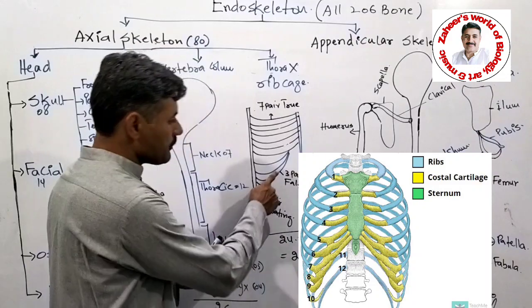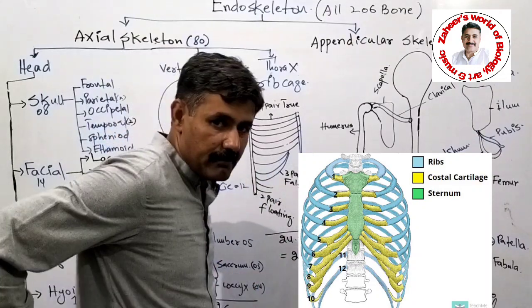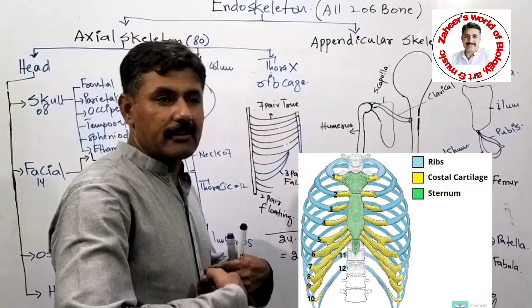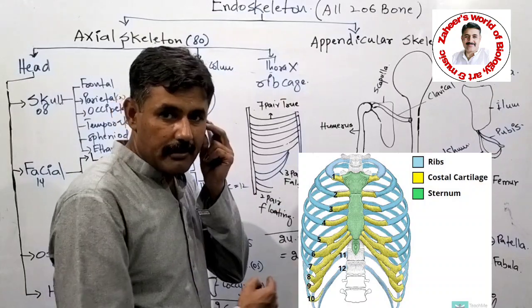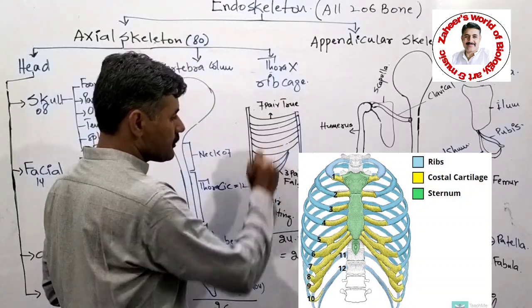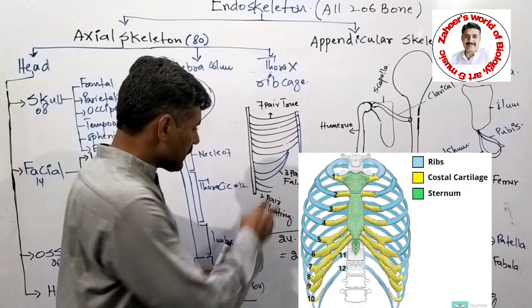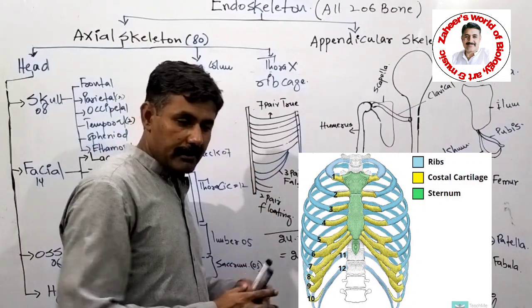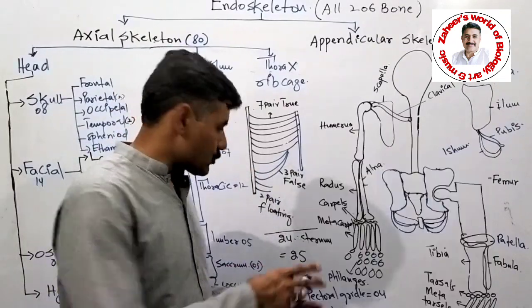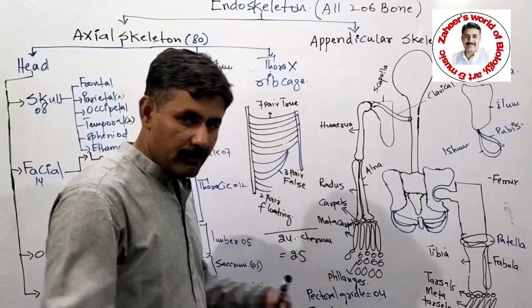False ribs are those that connect from the vertebra at the back, but on the front side do not directly connect to the sternum; they connect to the last ribs. These are called false ribs. The 2 pairs of ribs that are not connected are floating ribs.